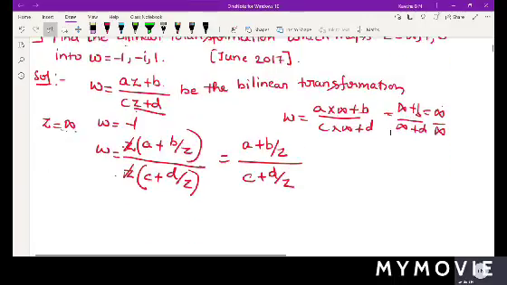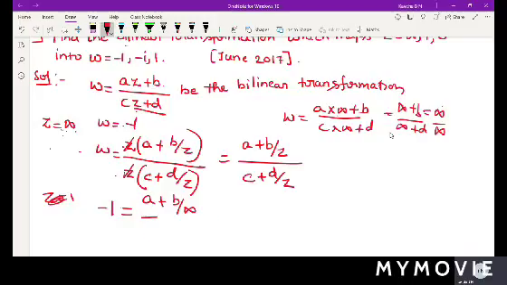Next, write z is equal to infinity, then apply the values. Here w value is minus 1. So (a plus b by infinity) whole divided by (c plus d by infinity). We know that 1 by infinity is 0.